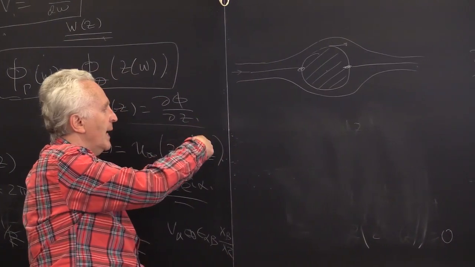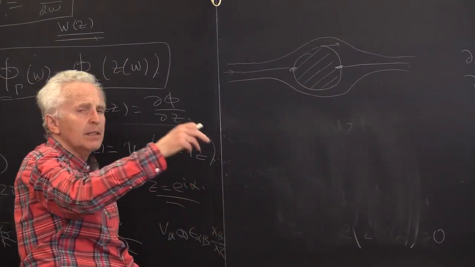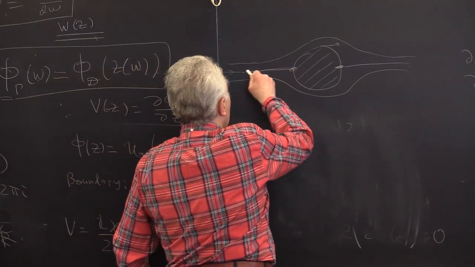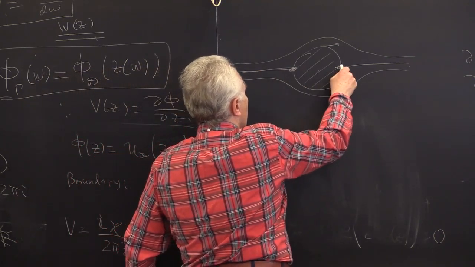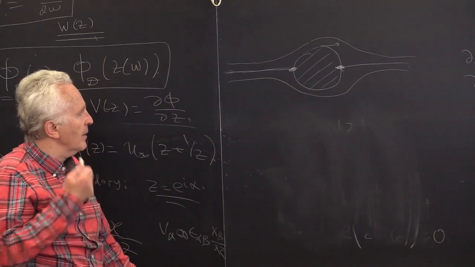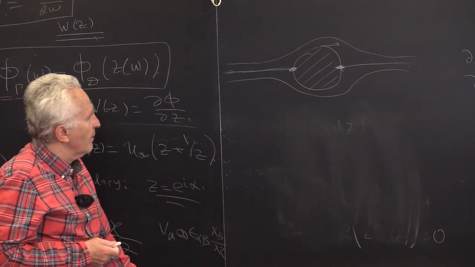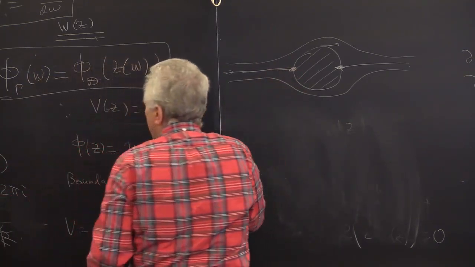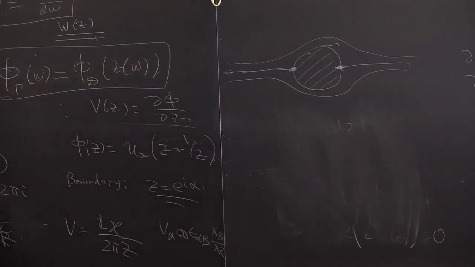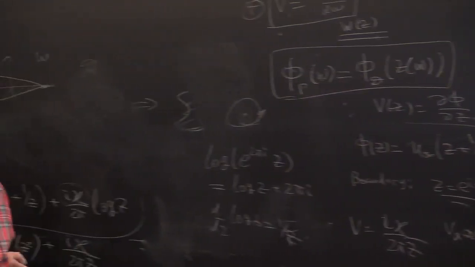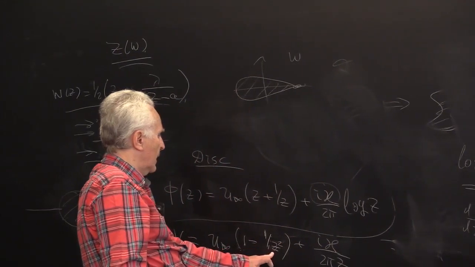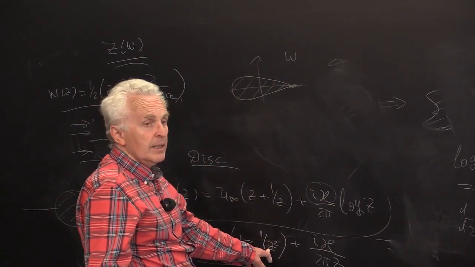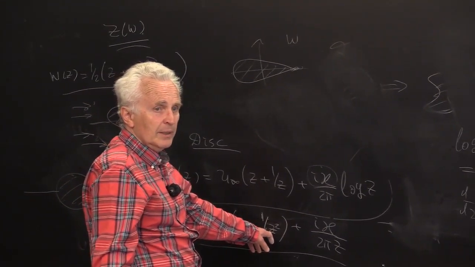This is the flow without added vorticity, without added circulation. What is the velocity at those points? It's 0. These are called the stagnation points. Without circulation, the stagnation points are simply z equals 1 or minus 1.